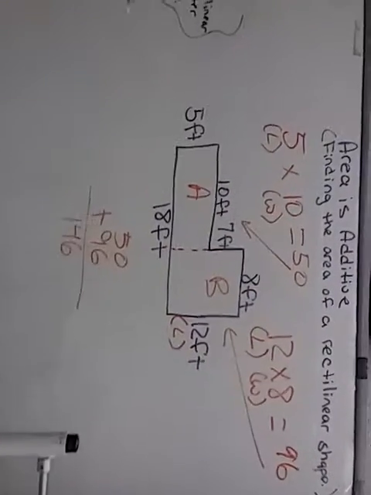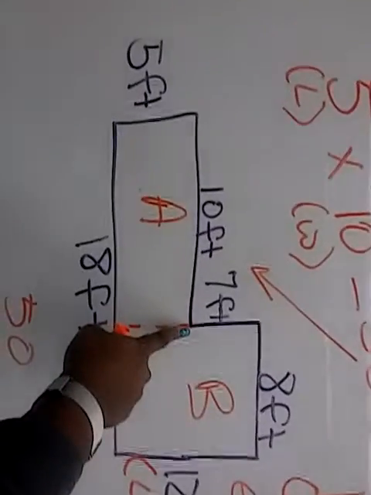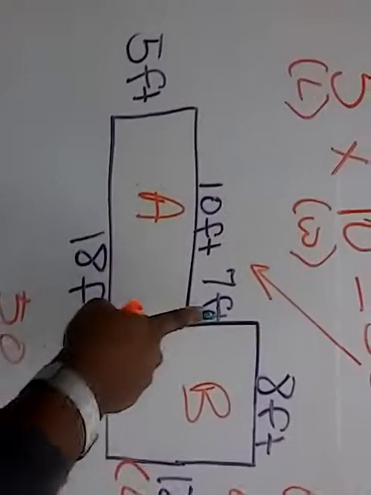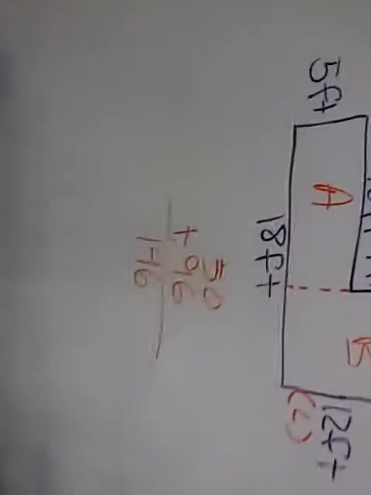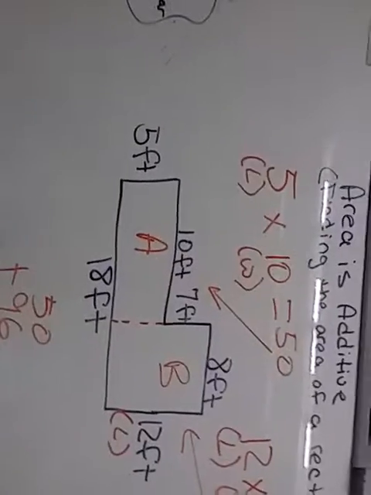Say for instance, I might want to make my rectangle go this way instead of this way. Let's see if we'll get the same area for this rectilinear shape.